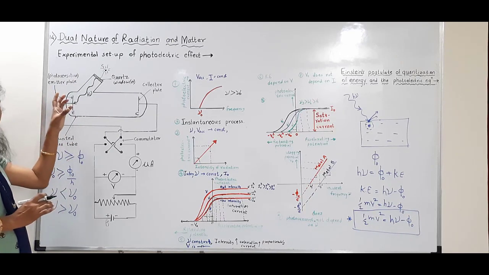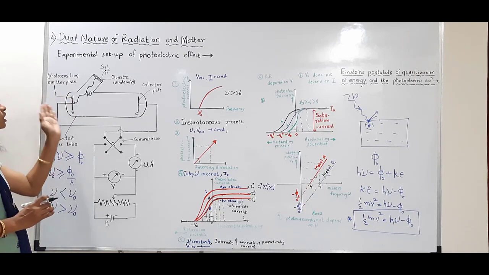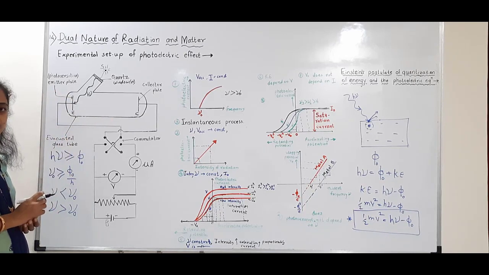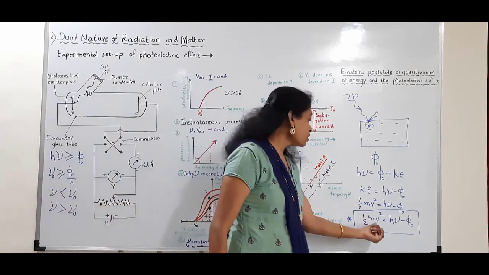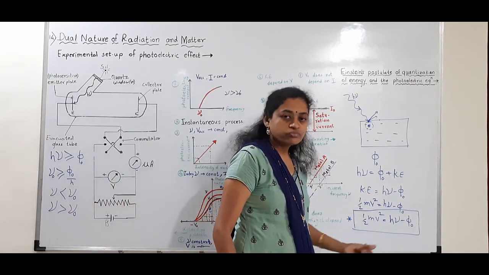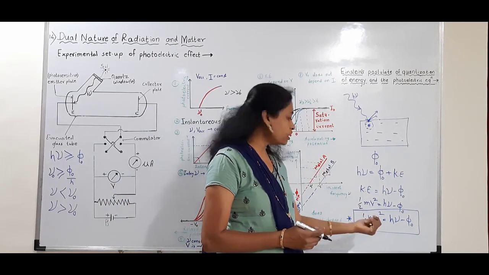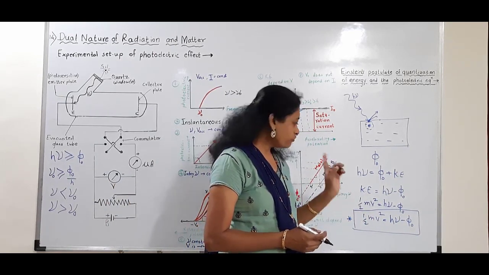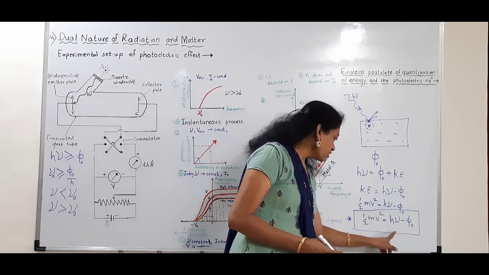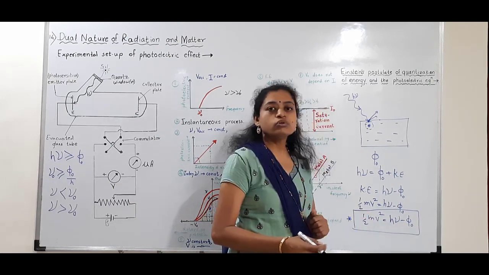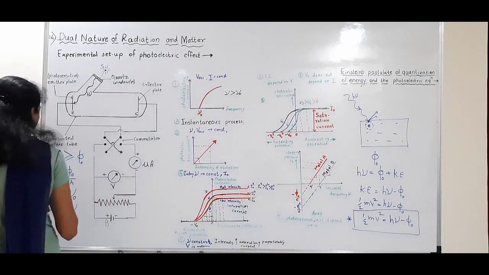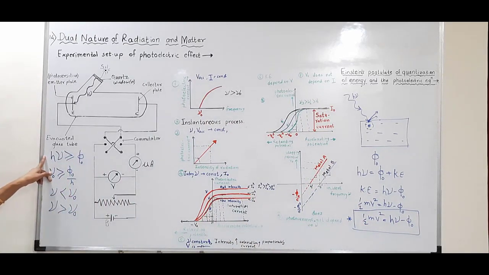When the electron absorbs all of this energy, it is emitted from the emitter surface when its kinetic energy is non-negative. This happens when the energy of the incident radiation is greater than or equal to the work function. Therefore, h nu should be greater than or equal to the work function.